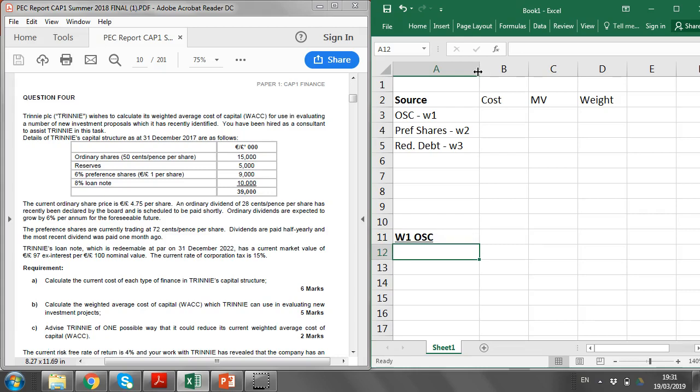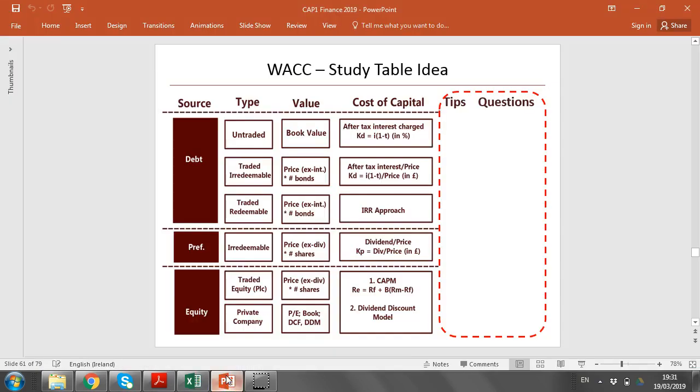Now, if anyone has had me in class, I'm a big fan of doing a summary study sheet for cost of capital. And it should look something like this. This is where you get each type of source of finance. There's only about 5 or 6 that come up. And you do a little summary, kind of like a cheat sheet, of how to get the market value, how to get the cost of capital. And then as you go through your study leave, you put in some extra tips. So for example, for debt, you might put in that debt is tax deductible, so you multiply by 1 minus t.